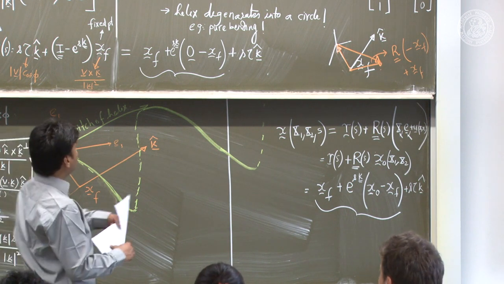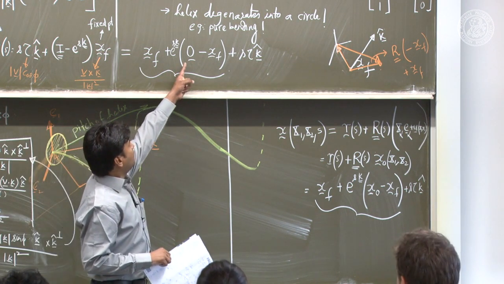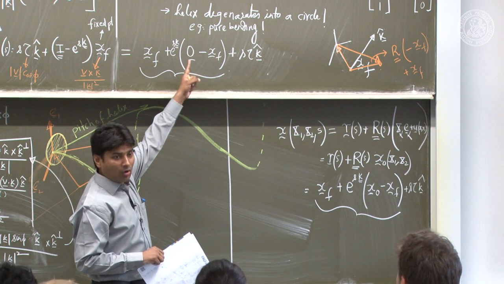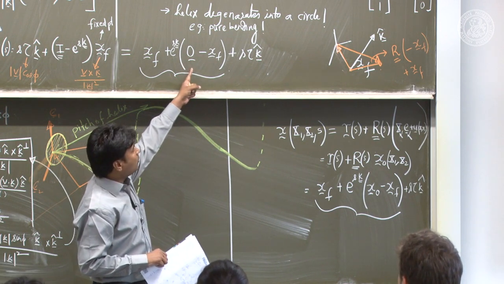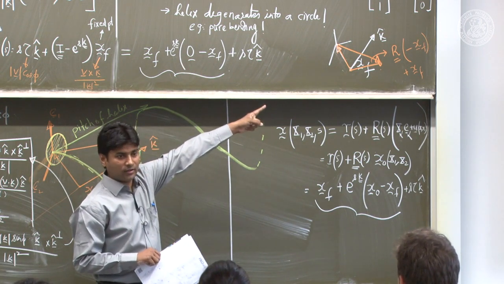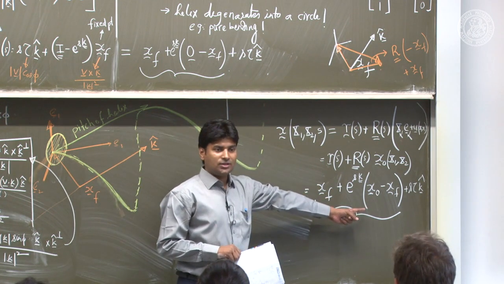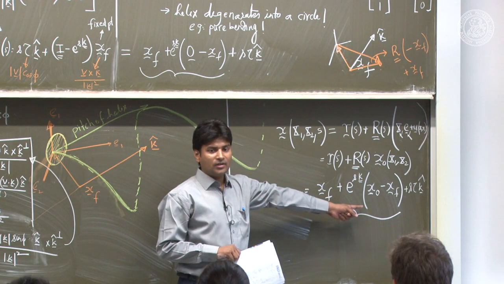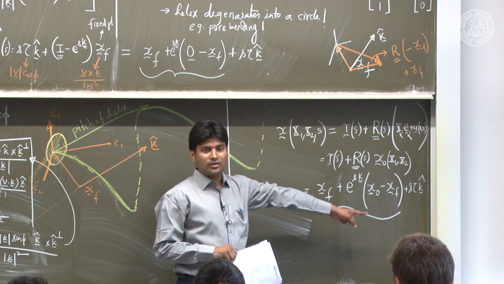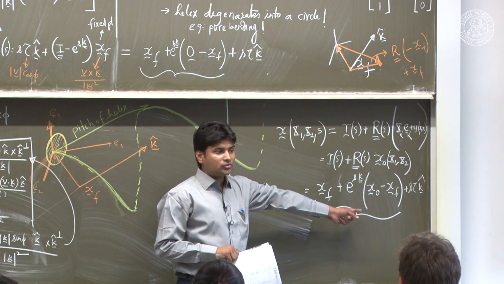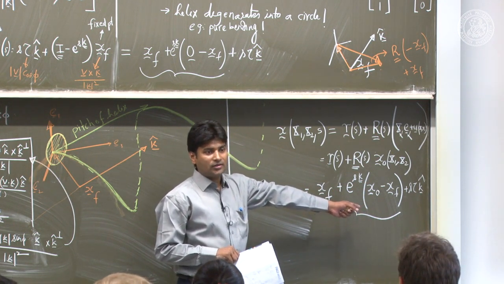Over here, this was rotation of the origin about the fixed point xf, but now this is rotation of x naught about the fixed point xf, where x naught is now your whole cross section.